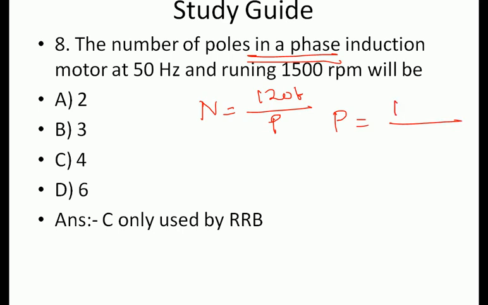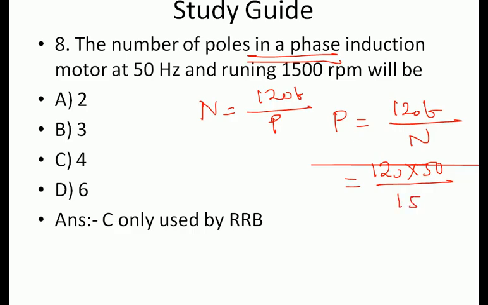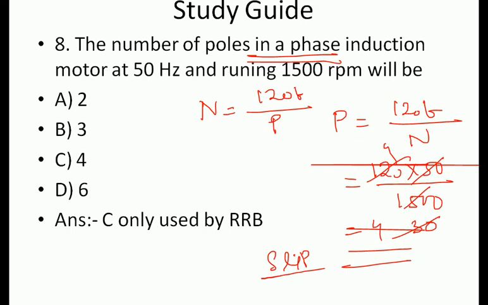P is 120 F by N. So if I put down the value of 120, frequency of 50 Hz and speed of 1500 RPM, what do I get? I get 4. Okay, they have considered no slip. Without considering any slip for this particular induction motor, they have given the answer option C.